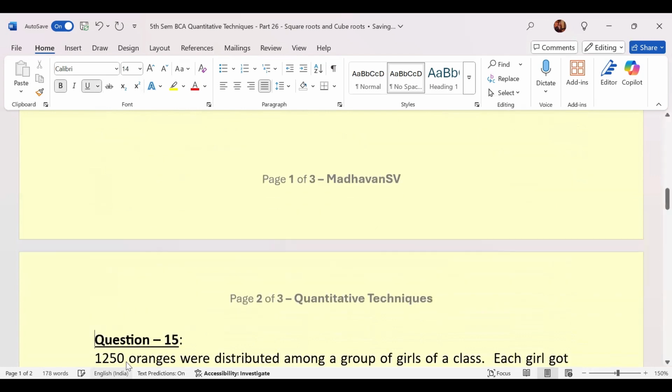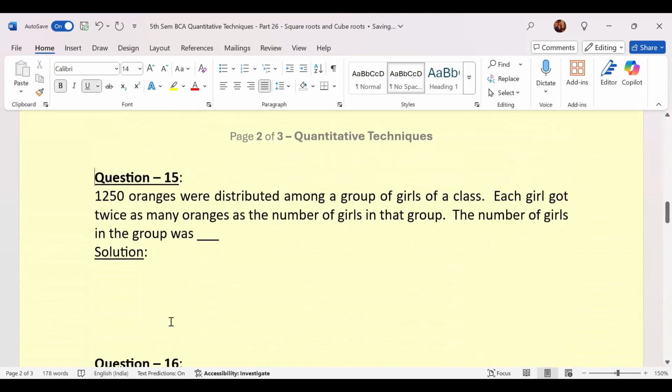1250 oranges were distributed among a group of girls of a class. Each girl got twice as many oranges as the number of girls in that group. The number of girls in the group was what? So here, let the number of girls equal x.